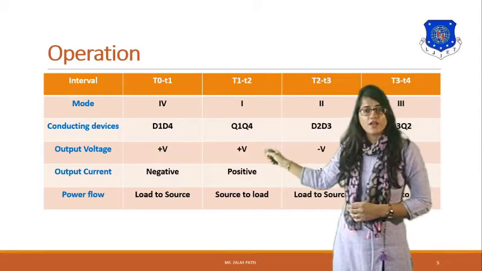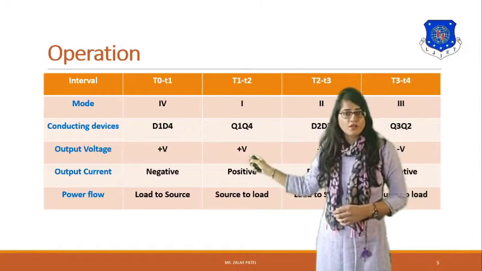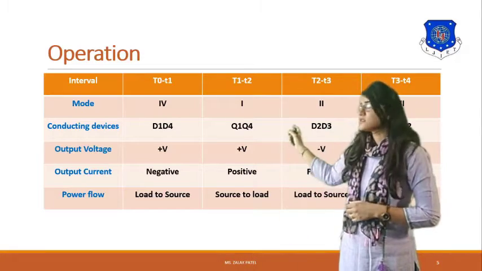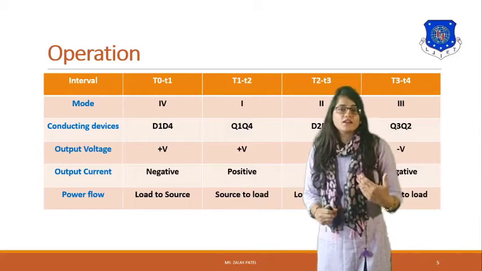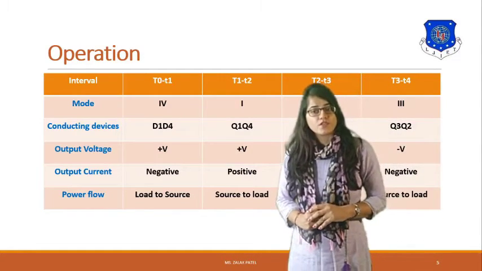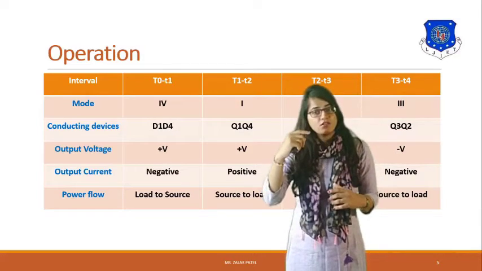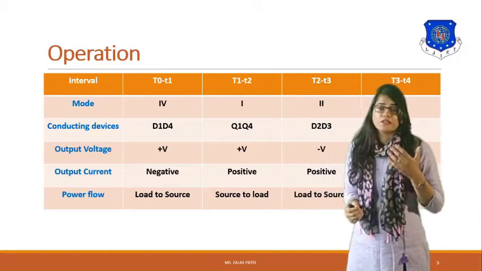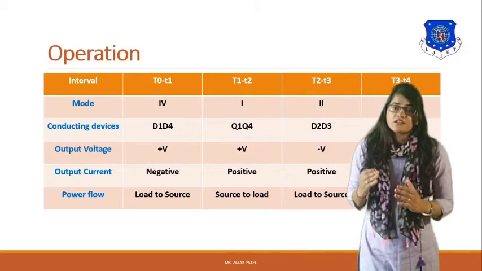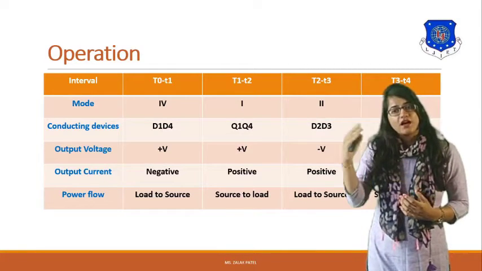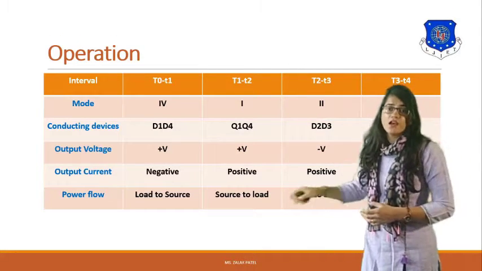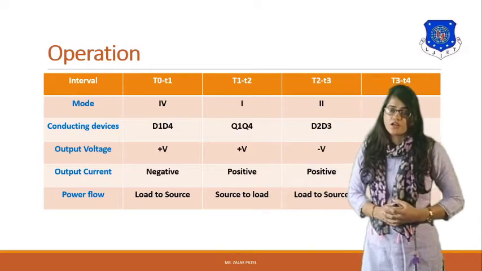That's why here we write plus for Q1 and Q4. The voltage is plus V volt, and at that time the output current is positive because it operates in the positive half cycle. Even for an inductive type of load, the graph increases exponentially, and that's why the output current is positive.